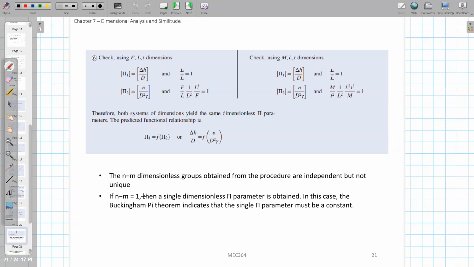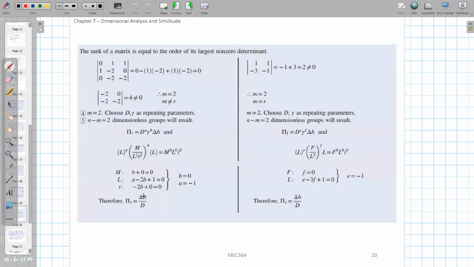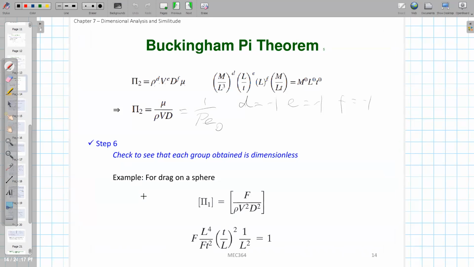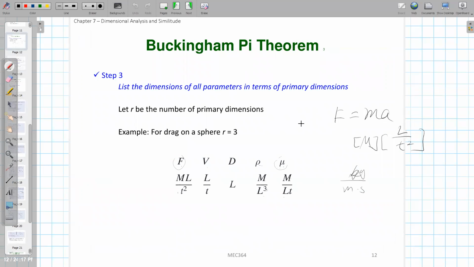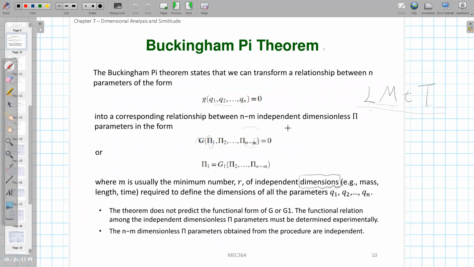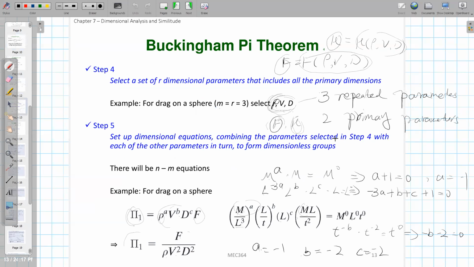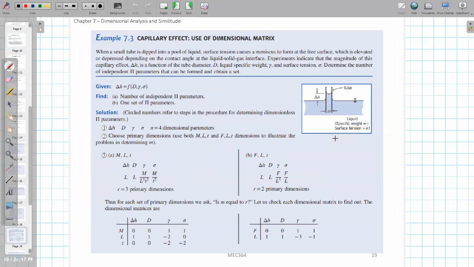And in this special case, this dimensionless parameter has to be equal to a constant, because from the Buckingham pi theorem, you know that it has to be a function of the other dimensionless parameters, right? So if you have only pi 1 left, the right-hand side has to be a constant value. Okay, so there is a special case here. Keep this in mind.